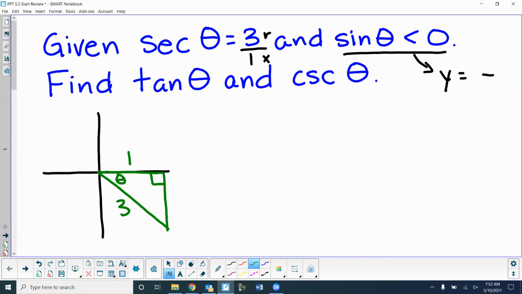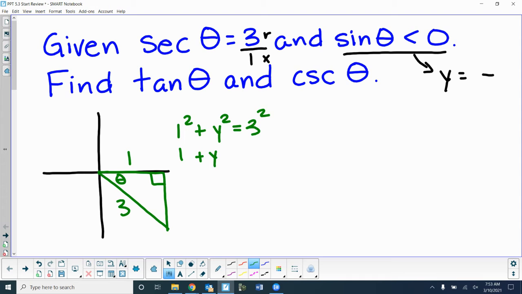So how do I find the y? Pythagorean. Now remember, this is the c, so it's 1 squared plus y squared equals r squared. You can use a, b, and c, or x, y, and r, right? That's what we've changed it to, x, y, and r, this week, but it's still the Pythagorean theorem.